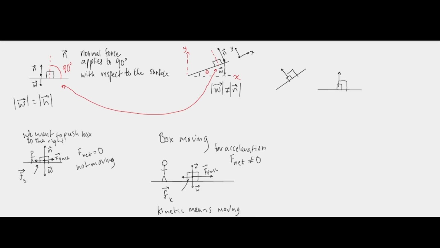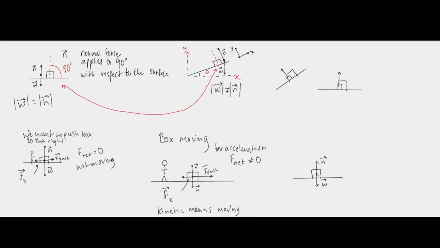Now, immediately after the box starts moving, if F push remains larger than F sub k, then you'll continue to accelerate. You'll keep getting faster and faster. But you can reach a point where you're still moving to the right, but now the force of the push is equal once again to the force of friction. And you're not accelerating any longer, but you're just moving forward at a constant speed.